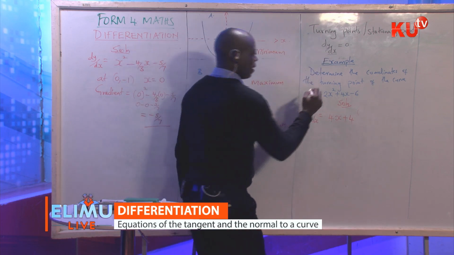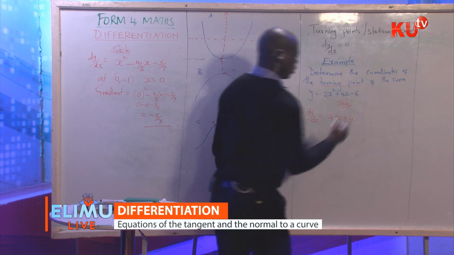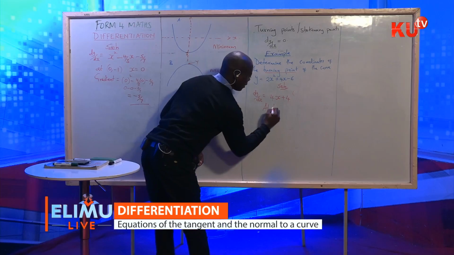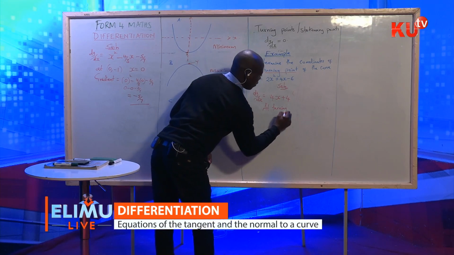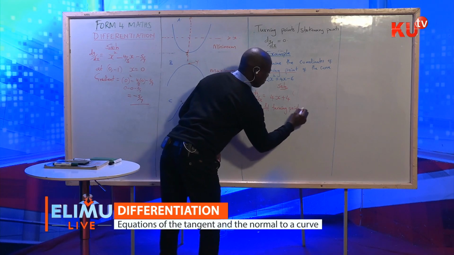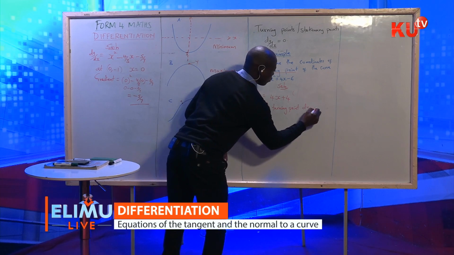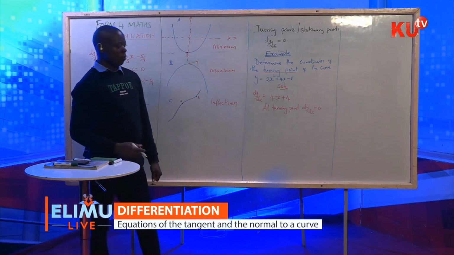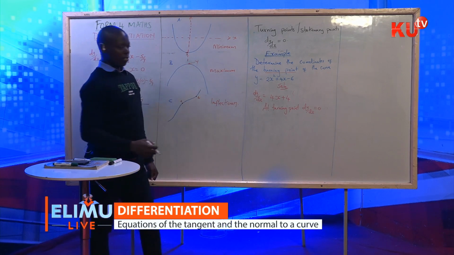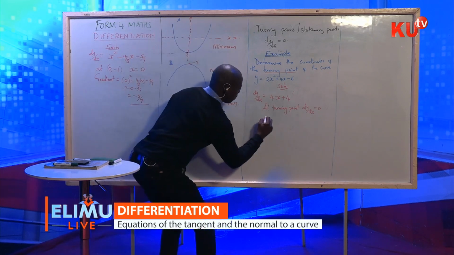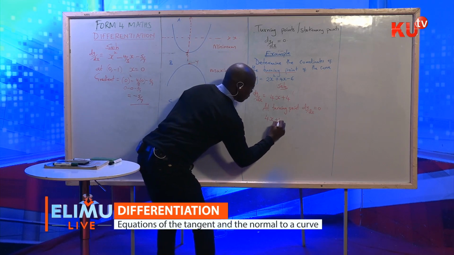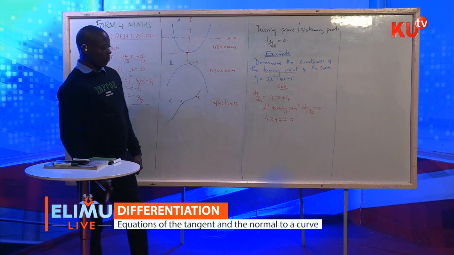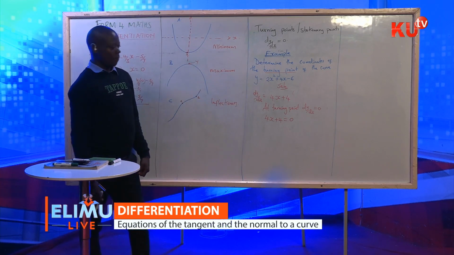And now for turning points, what do we do? At the turning point, students, dy dx is equal to 0. So we shall have 4x plus 4 equal to 0.